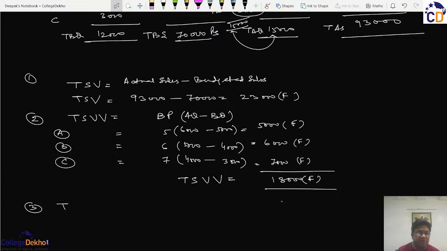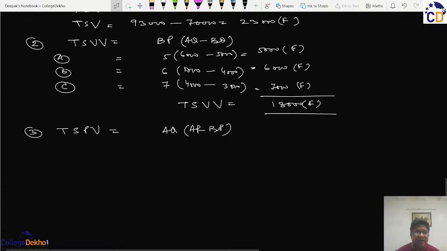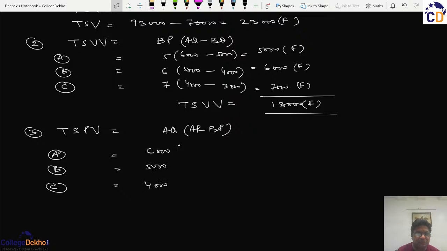Similarly, if we calculate the total sales price variance, then it will be the difference between the actual price and the budgeted price multiplied by the actual quantity sold, and like above, it will be separately for A, B, and C. The actual quantity is 6,000 for A, 5,000 for B, and 4,000 for C. And the budgeted price is 5, 6, 7.